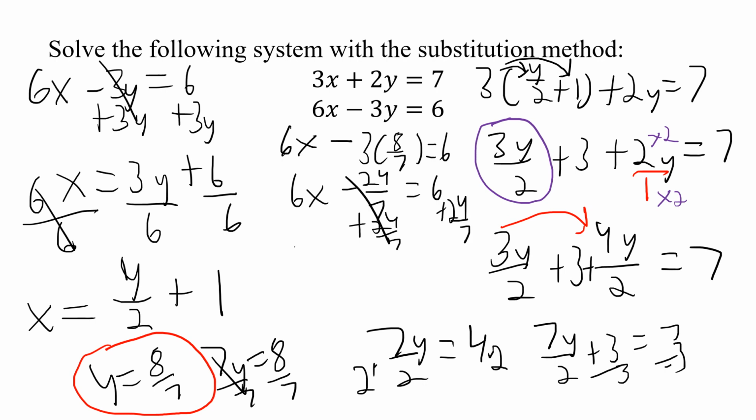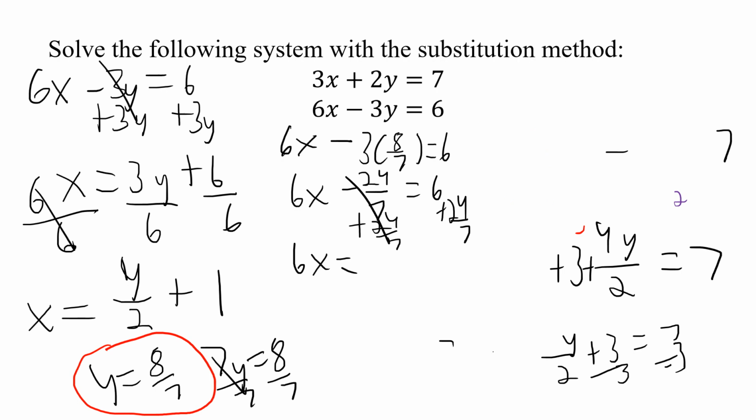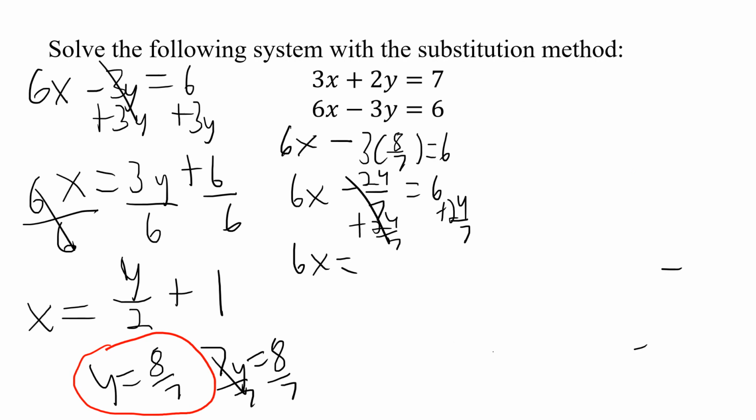And when we do that, we get 6x equals, I'm going to go ahead and start erasing some of this stuff to make some room, just because we're running out of room. All right, so what we're going to do is we're going to add 6 plus 24 over 7. Now we have 6 over 1.